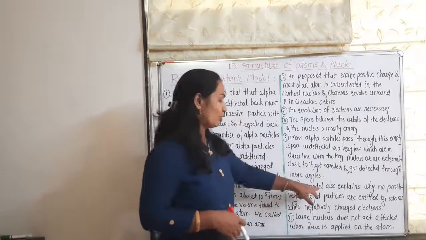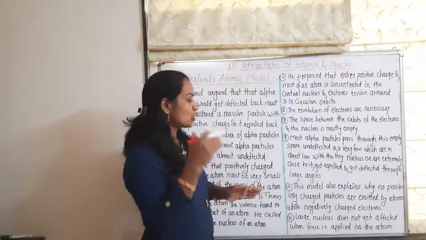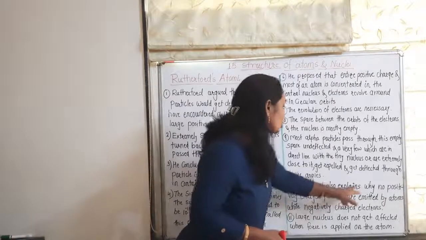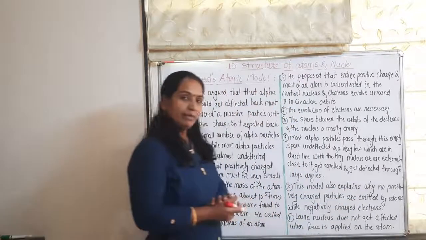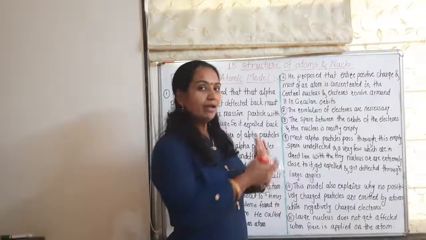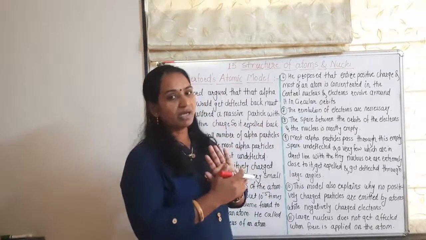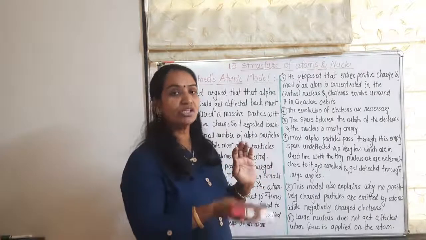This model also explains why no positively charged particles are emitted. According to the Thomson atomic model, positively charged particles are not emitted, but he does not give the reason.